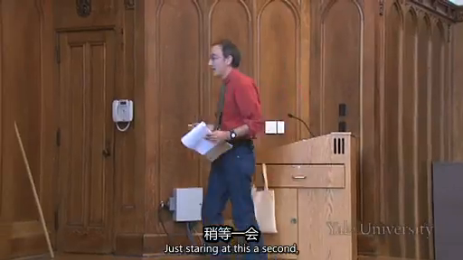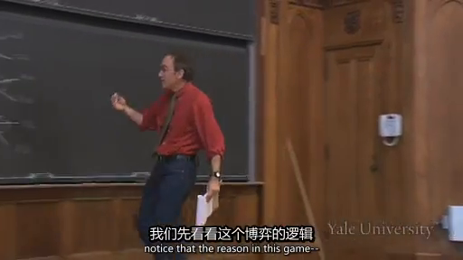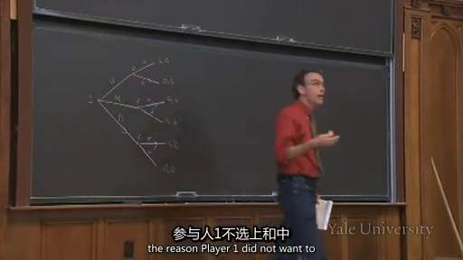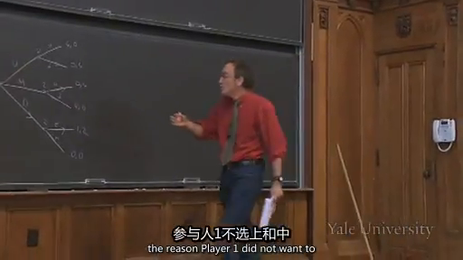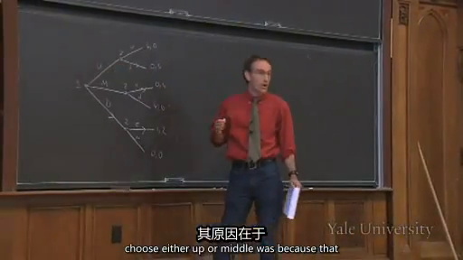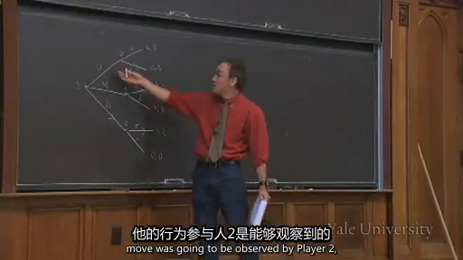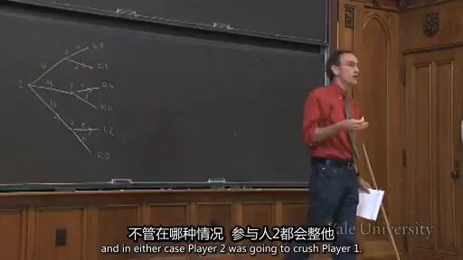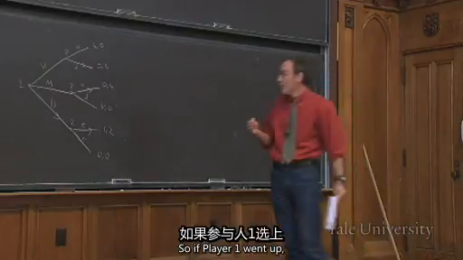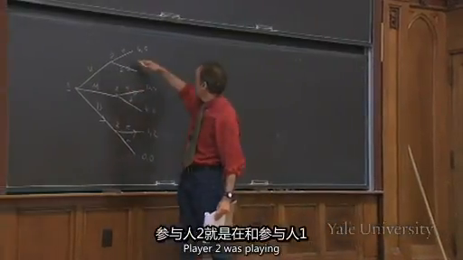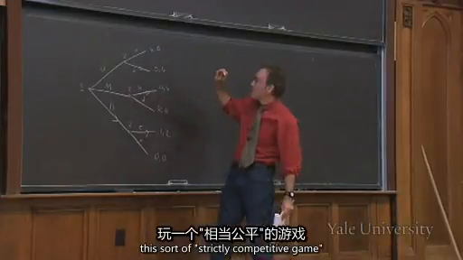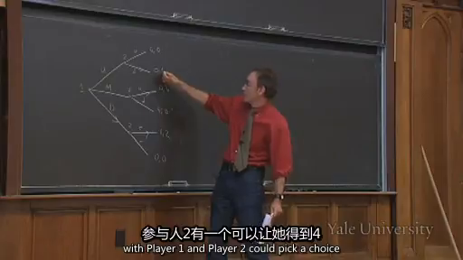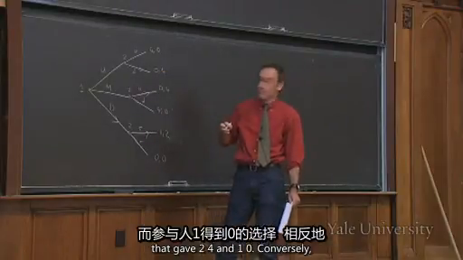Taking a step back from backward induction for a second, the reason player 1 did not want to choose either up or middle was because that move was going to be observed by player 2, and in either case, player 2 was going to crush player 1. If player 1 went up, player 2 was playing a strictly competitive game with player 1, and could make a choice that gave 2 a 4 and 1 a 0.